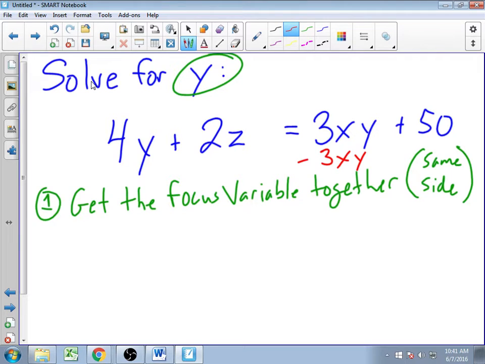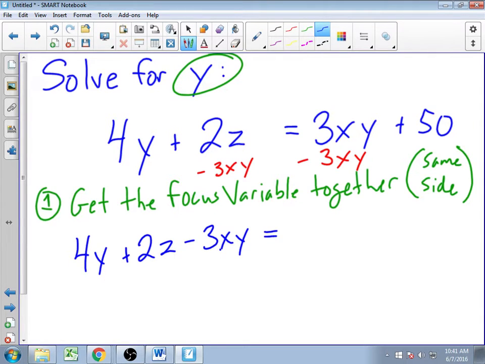It completely disappears. If I do that on this side also, there's no like term to combine with, so it ends up just being another part of it. So 4y plus 2z minus 3xy equals, the only thing left over there is 50.